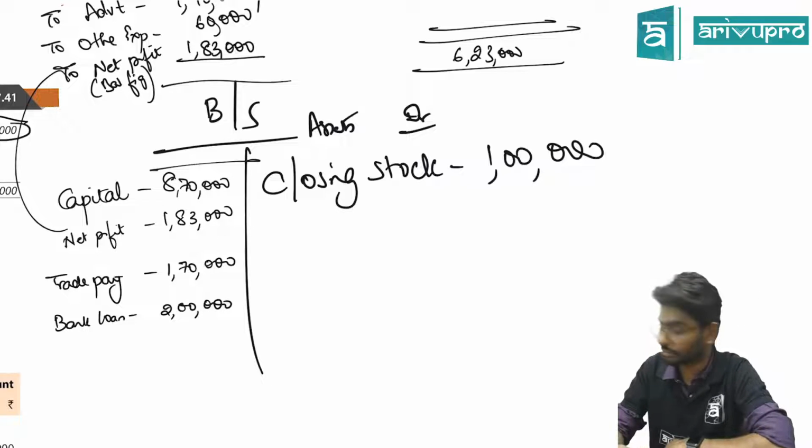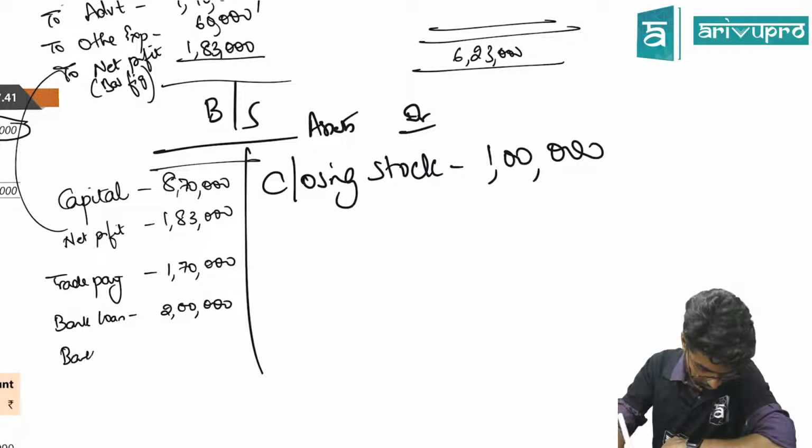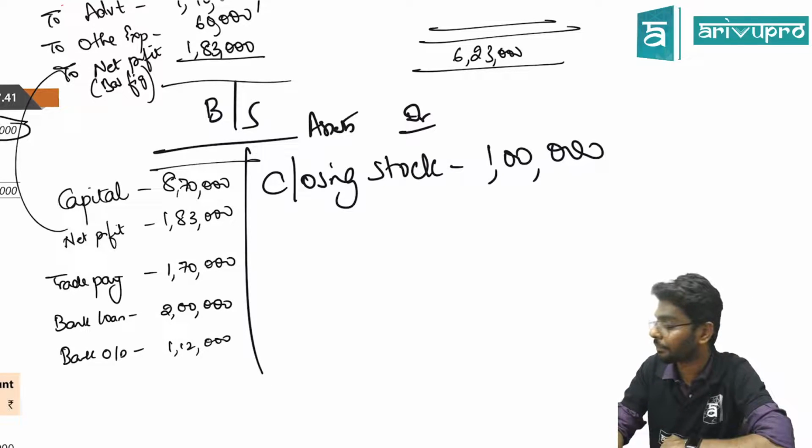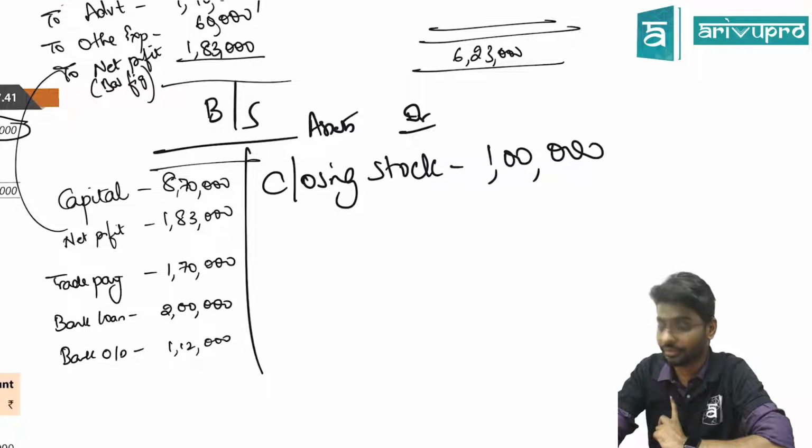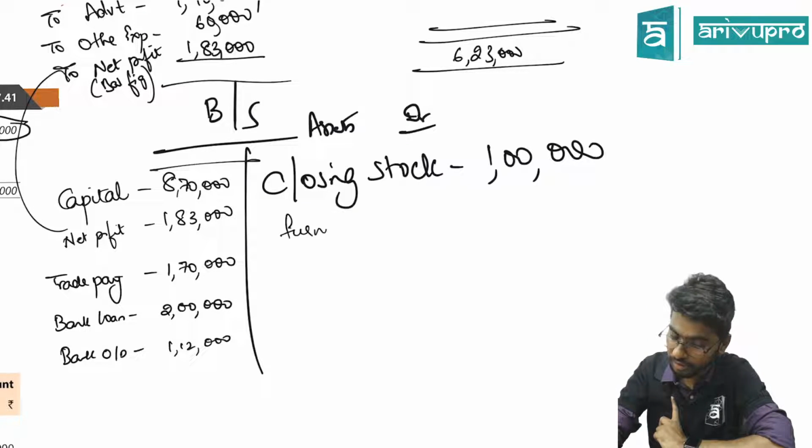Then done. On the asset side, furniture 4 lakh 50.